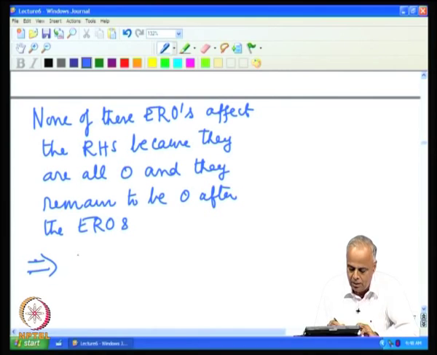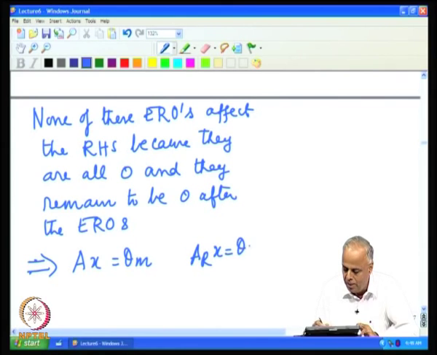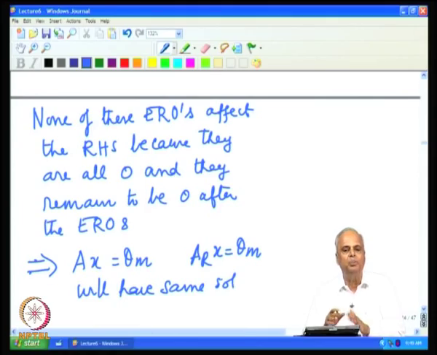This implies AX equal to theta m and ARX equal to theta m will have the same solutions, because both the right hand sides are going to be still theta m only.